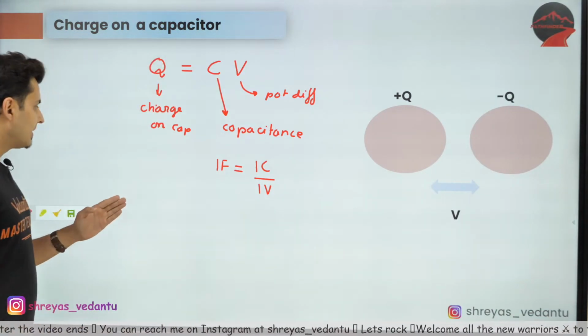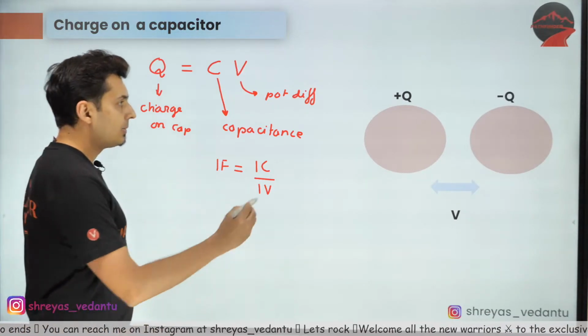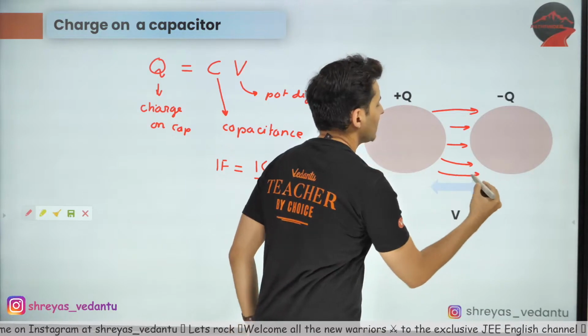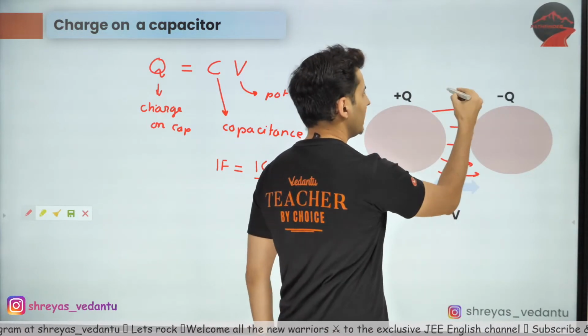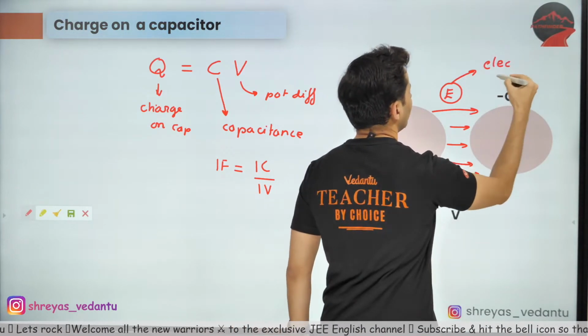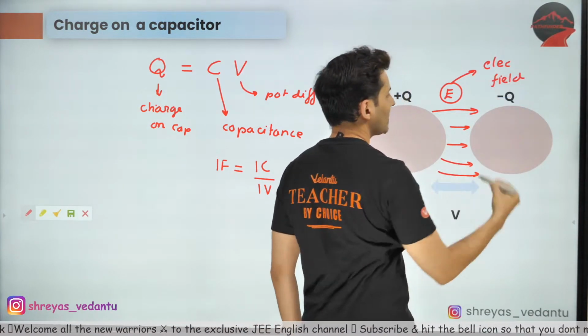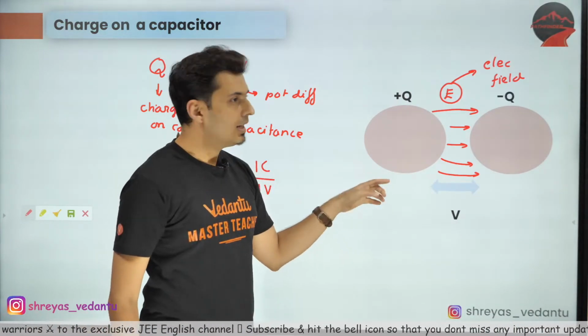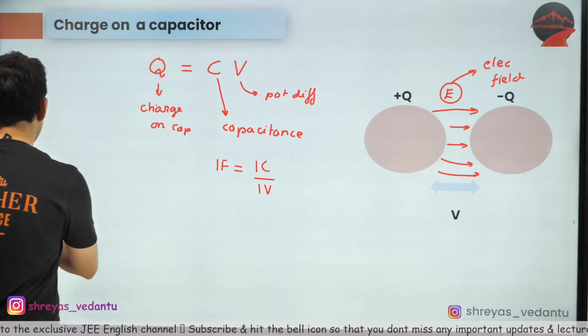Now, having said this, remember, there is always some field between the plates. If there are charges on the plates, there is always some electric field. This is the electric field between the plates. And since you have two opposite charges, obviously there will be some force of attraction as well.